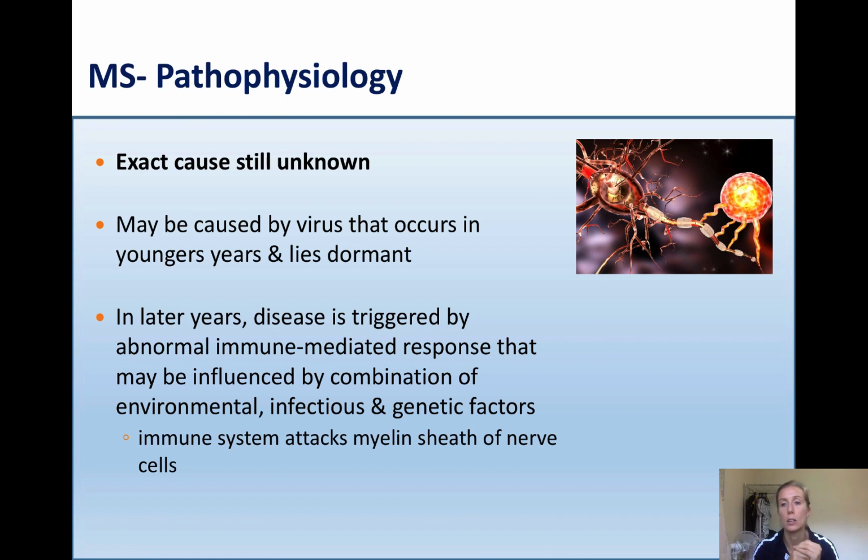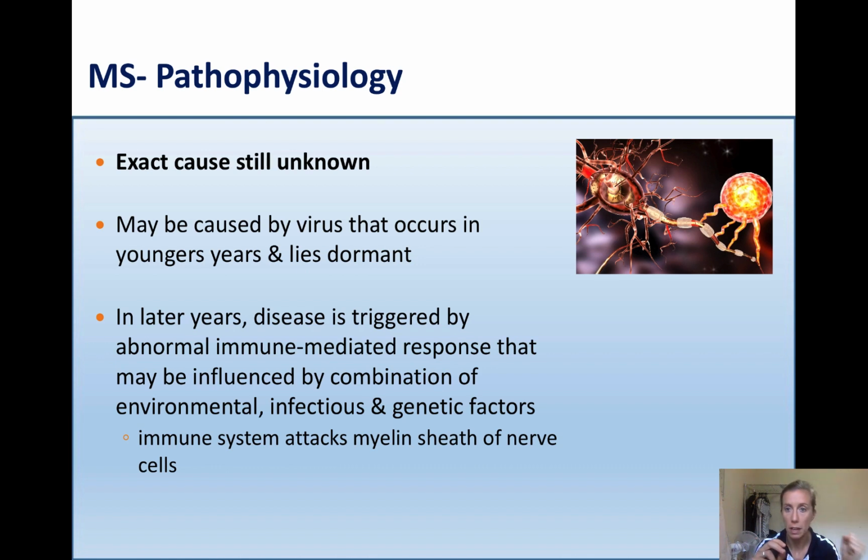And regarding the exact cause, it's still unknown, but our current understanding is that there might be a virus in early years of life that lies dormant, and then in later years, multiple sclerosis is triggered by an abnormal immune-mediated response that might be influenced by a combination of environmental, infectious, and genetic factors.